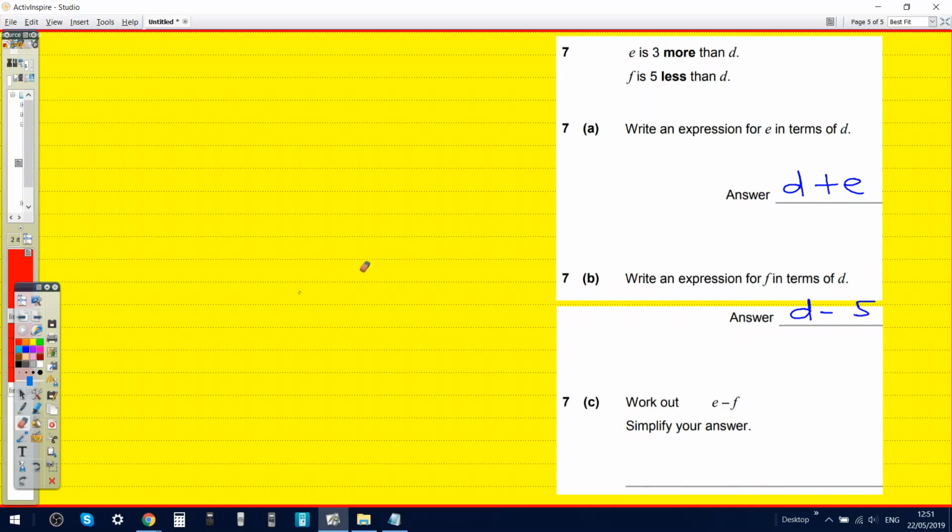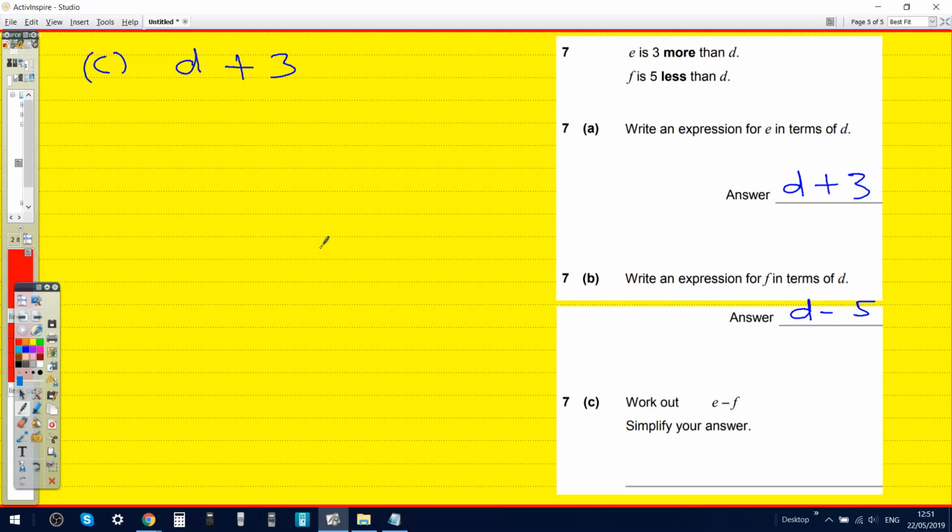Sorry, we wrote down the wrong one. That should be D plus 3. Yeah, D plus 3, right. E in terms of D. So D plus 3. So another way of saying E is D plus 3.